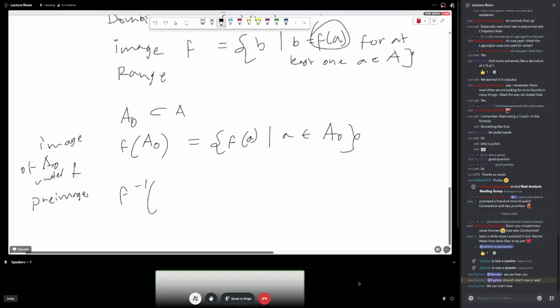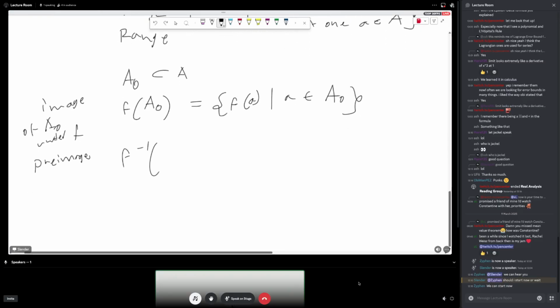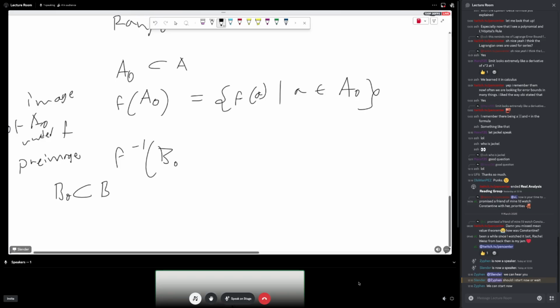Suppose we have this f(a), but we want to get just the a given the range we have, to find what input it was. For this, we take a subset of the codomain. So we write it like this.